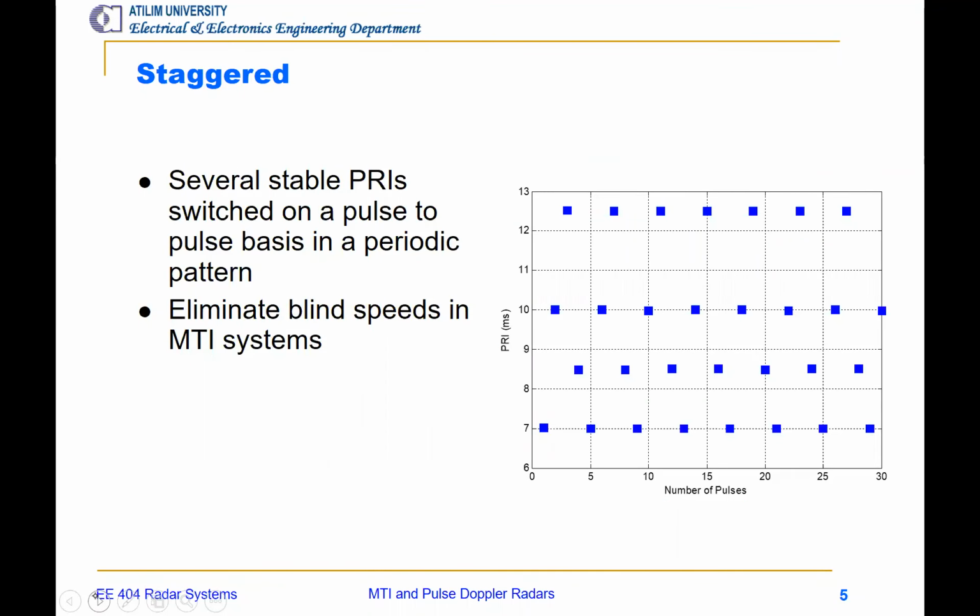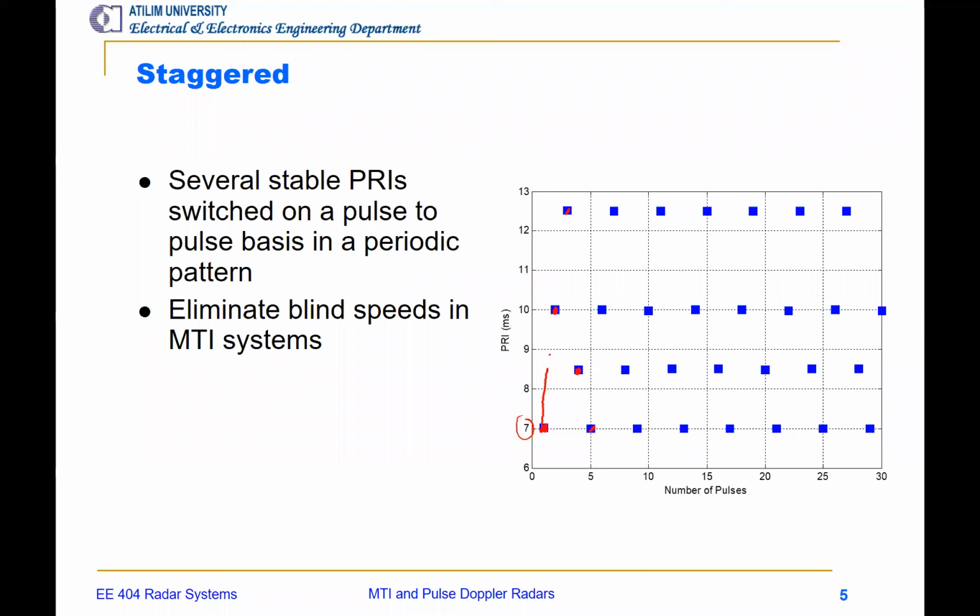Staggered PRI, we got several PRI values and we switch between them. Here you can see we transmit the first pulse with PRI 7 milliseconds, and then the next 10 milliseconds, and then 12.5 milliseconds. And then we drop to 8.5 milliseconds, and then again 7 milliseconds.